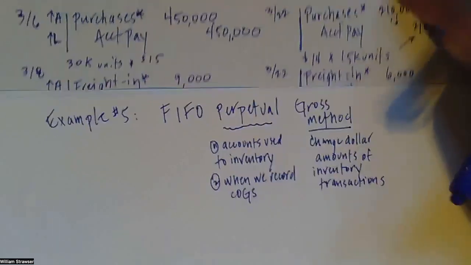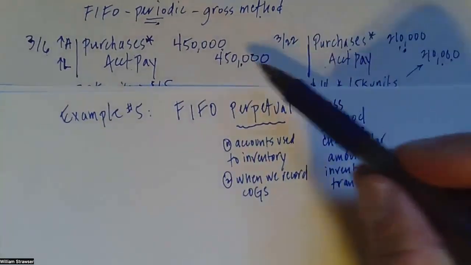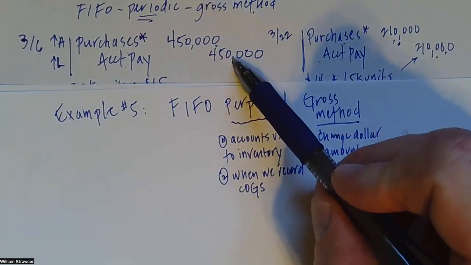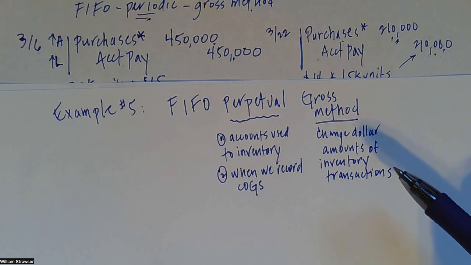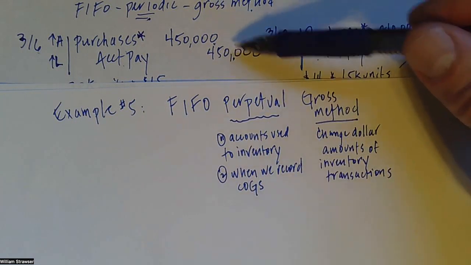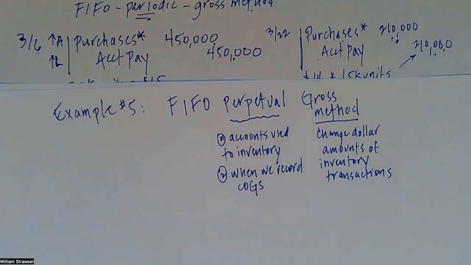For example, this is a gross method. We record purchases at full price. But if this were the net method, then we would take the discounted price of those purchases. We would record this as if we were going to take the discount.